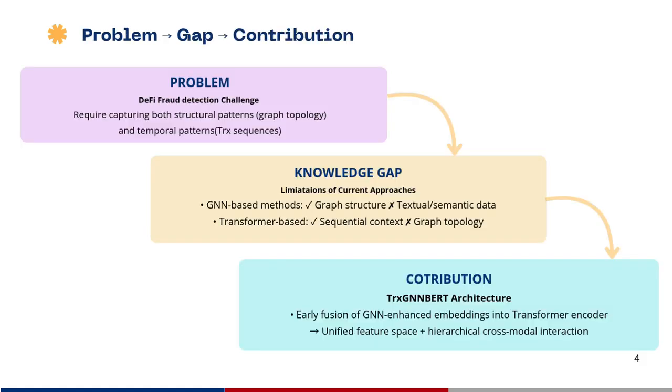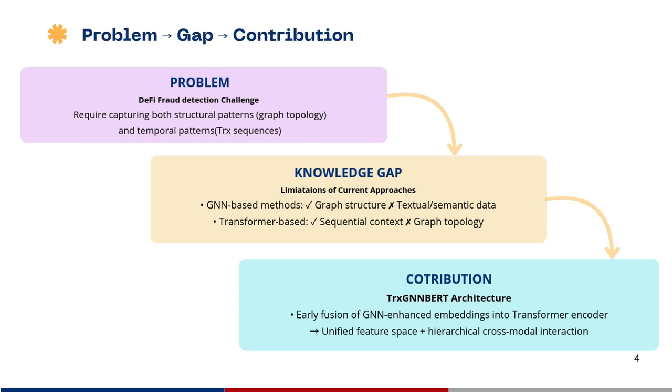Once again, let me quickly recap the problem, knowledge gap, and the contribution. As we said before, DeFi fraud detection requires capturing both the structural patterns using graph topology as well as the temporal patterns, like the transaction sequences.